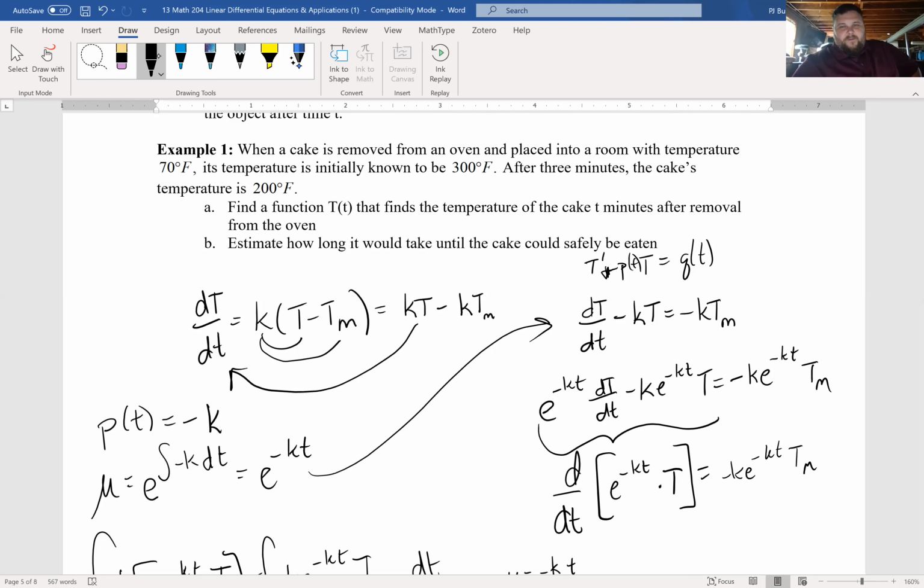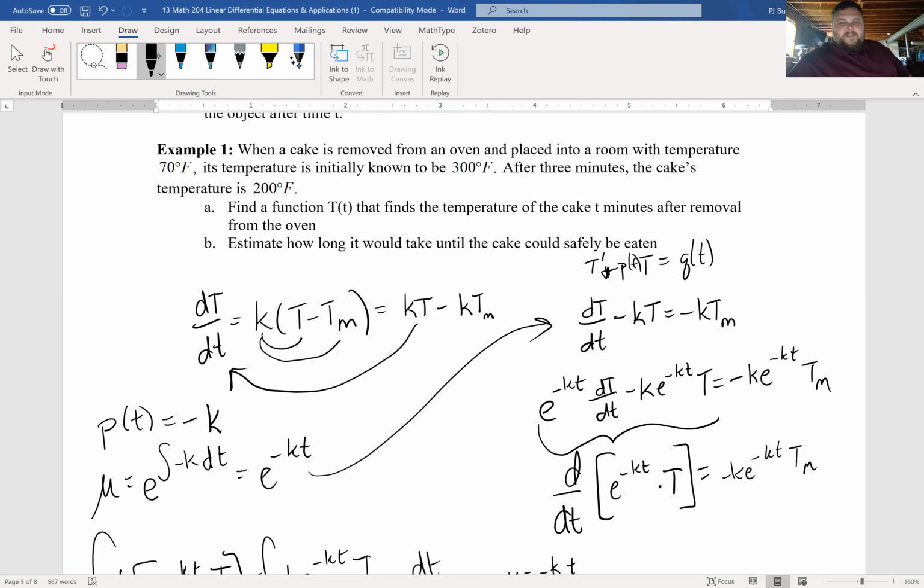Find a function for the temperature at any time t after removal from the oven. Estimate how long it would take until the cake could safely be eaten. Well, that's all arbitrary, so we'll come up with a way for that part. It should be a little more defined in terms of that part of the question. But let's go ahead and do the first part.